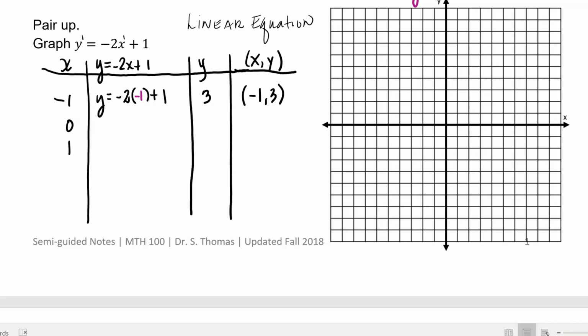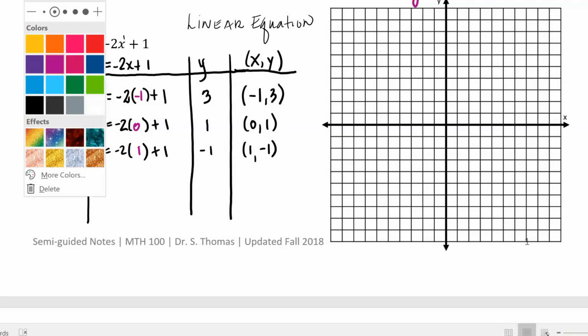So what I want you to do is pause the video now and fill in the other points. So hopefully now you have negative 1, 3 as a point, 0, 1 as a point, and 1, negative 1 as a point.